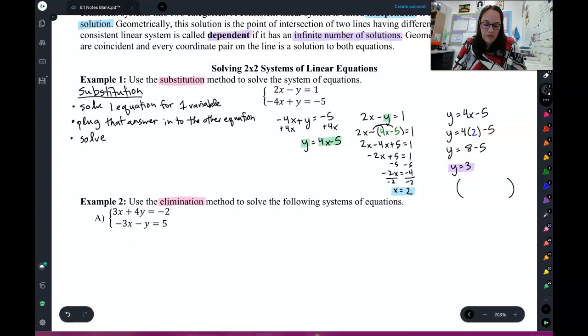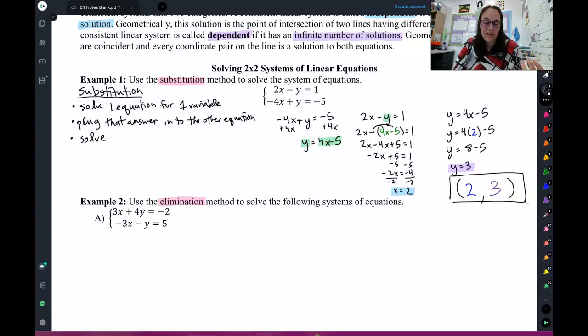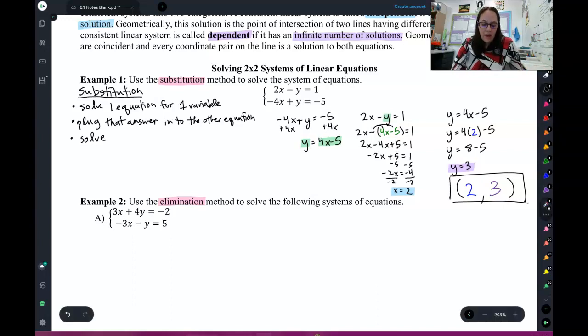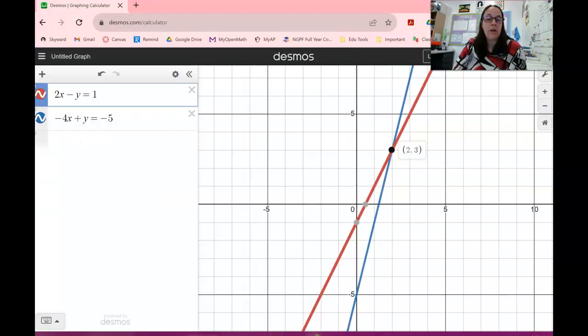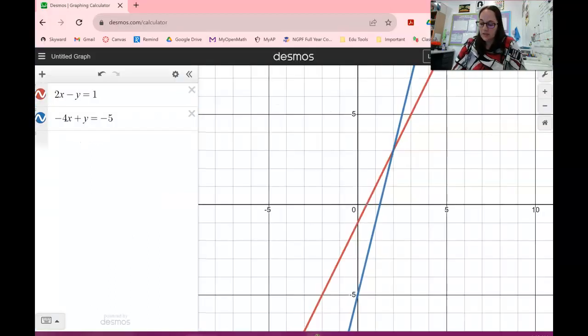Now, for systems of linear equations, we always write our answer as a coordinate point, x, comma, y. And let's talk for a second about why we write our answer as a coordinate point. If you take these two equations that we started with and you plot them in a graphing calculator, say Desmos, right here, I have my Desmos up. Here are my two equations right there.